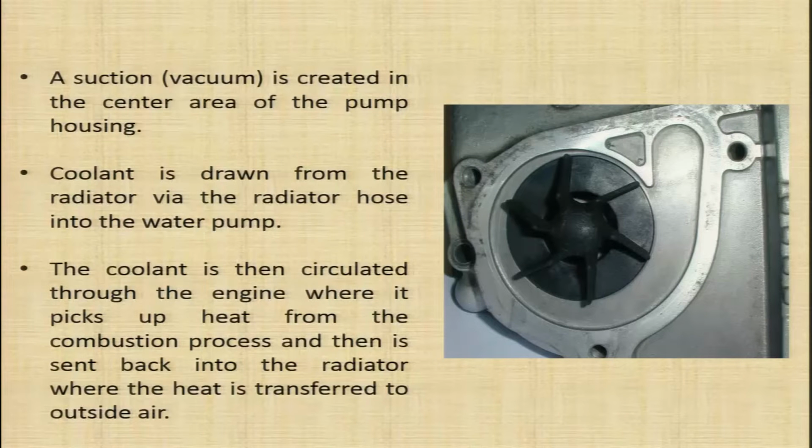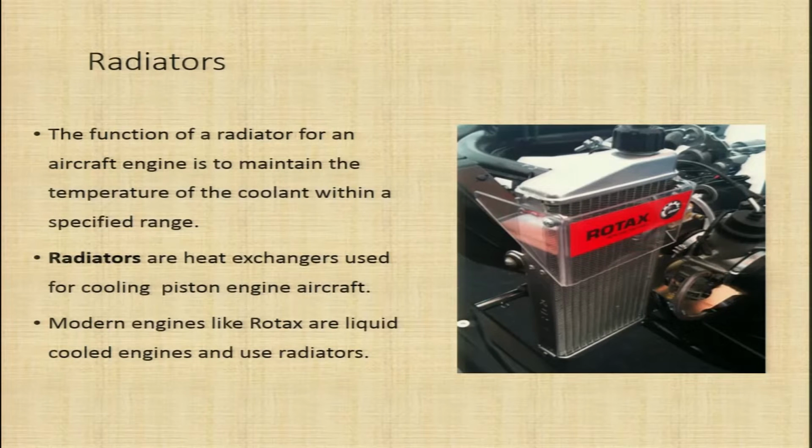We have seen in the schematic diagram of the liquid cooling that the coolant picks up the heat from the combustion process, and is first sent through the expansion tank to the overflow bottle, and once the temperature comes down, the coolant is again sent back to the radiator, and the outside air extracts the leftover heat from the coolant. We have also seen the radiators. A radiator in one of the engines is shown here in the diagram.